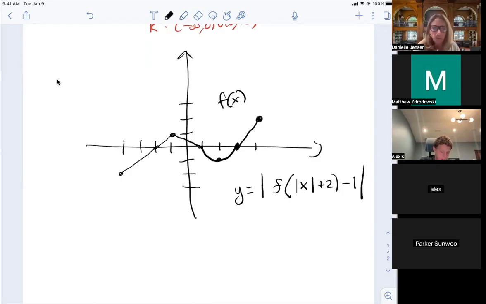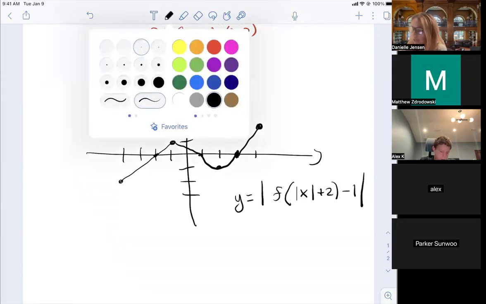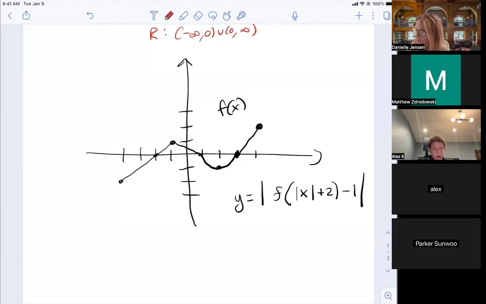Okay, so with this one here, what would you want to do first? Alex, since you asked, what do you think you want to do first here? I said, what did I do?